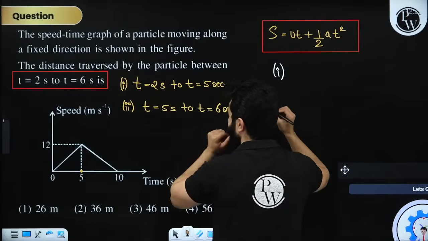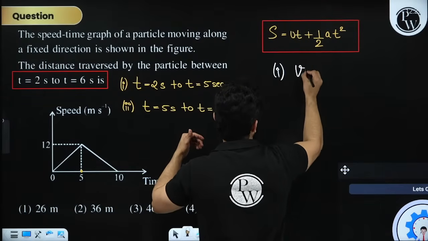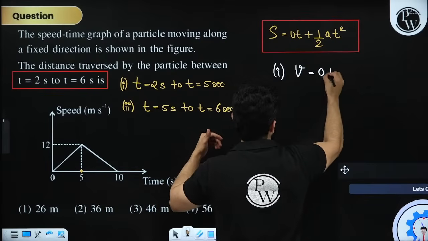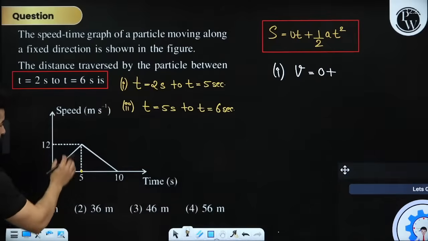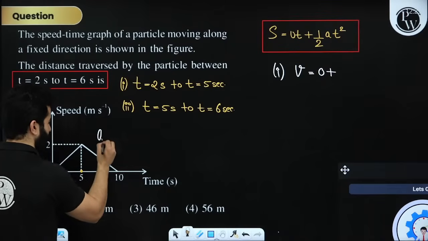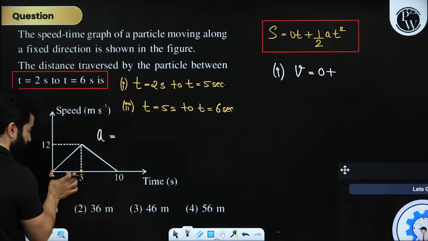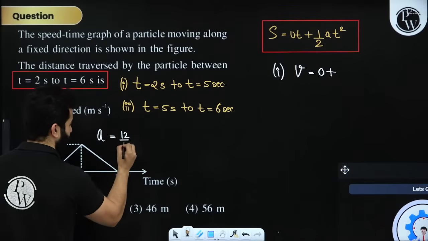For 2 seconds, I really don't know the initial velocity. So I'm going to write v equals u plus at, and now for acceleration, my dear friends, please take a look at this graph. First, acceleration from 0 to 5 seconds will be the change in velocity, that is 12 divided by 5.